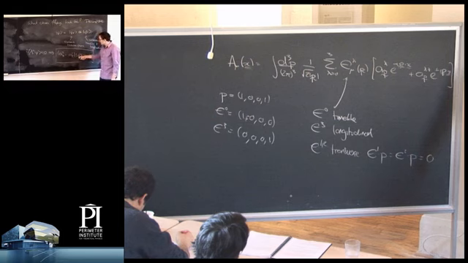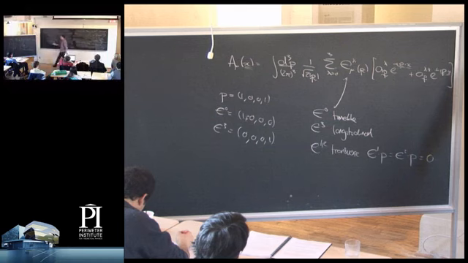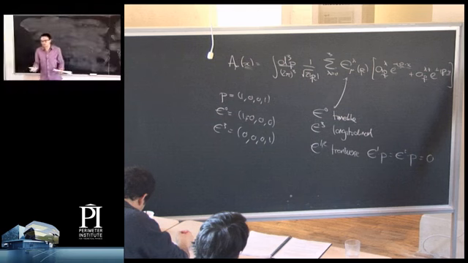But it also says that if this guy does have a time-like photon of momentum p, it better also have a longitudinal photon of momentum p, so this term can cancel this term once they annihilate. So what it's telling us is not that the physical states can't have any time-like or longitudinal photons, but they've got to have equal numbers of time-like and longitudinal photons. That doesn't sound right. That's what we're getting from this condition.